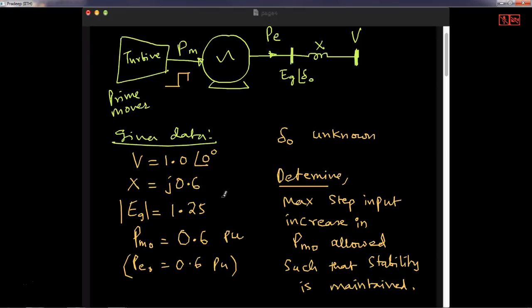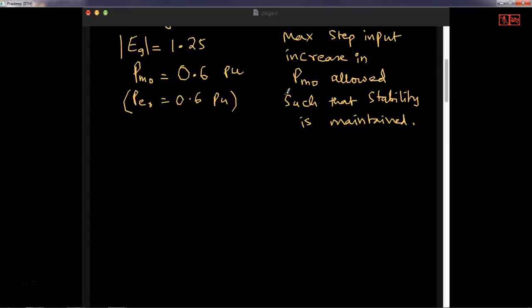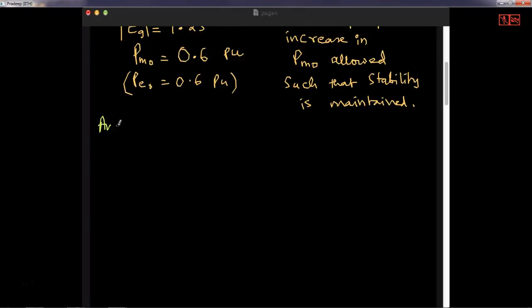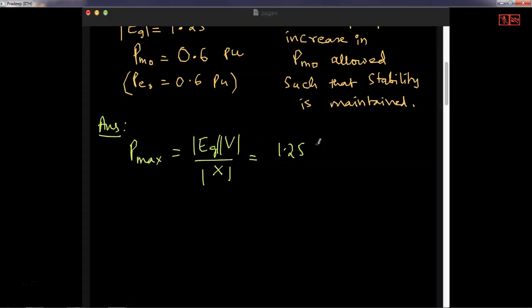So how do you solve? First you go by calculating Pmax. What is Pmax? Pmax is nothing but Eg V by X. These are all magnitudes. EMF generated is 1.25, voltage of the terminal is 1.0, and X is 0.6.